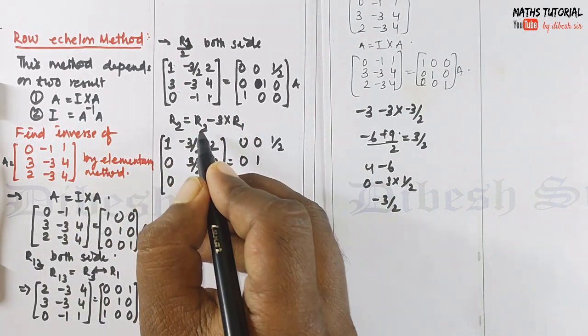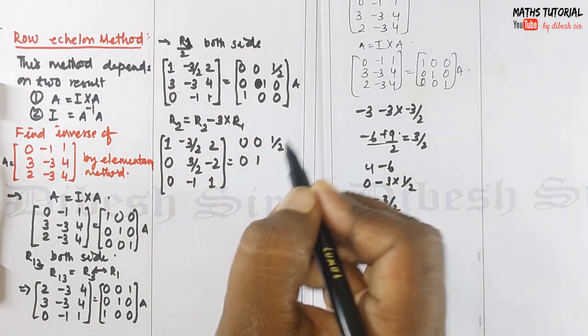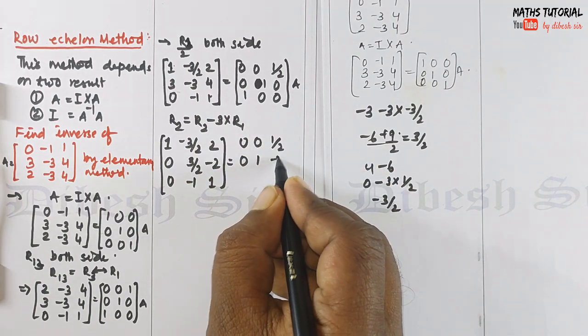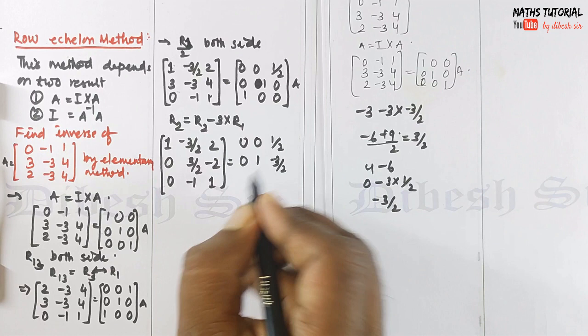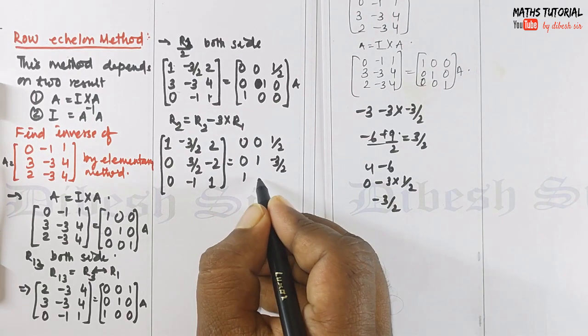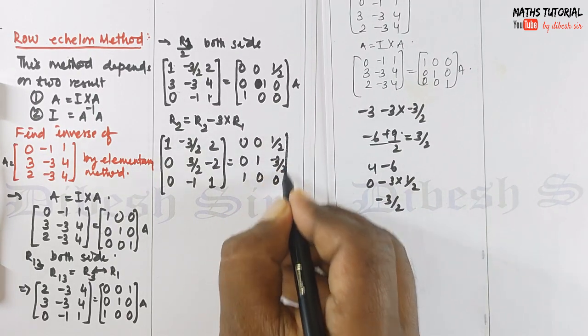Then 0 minus 3 into 1 by 2, that is minus 3 by 2, and the third row remains as it is.